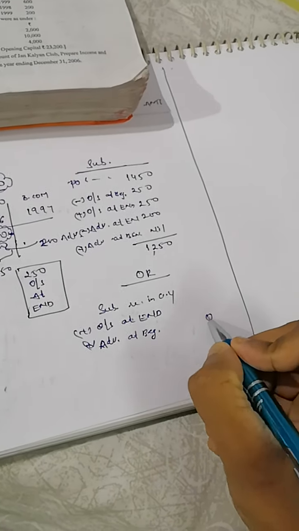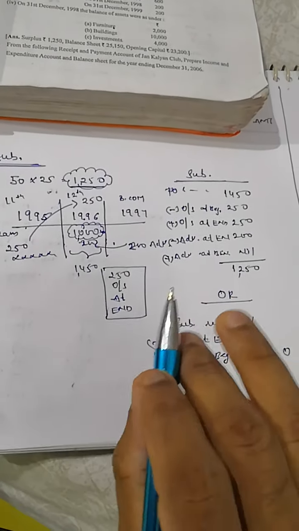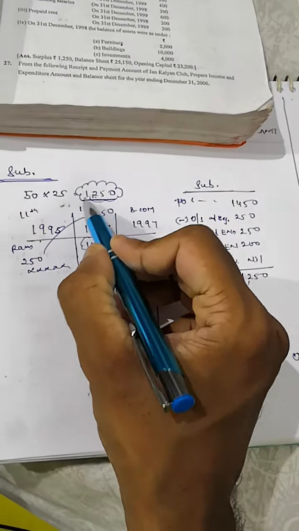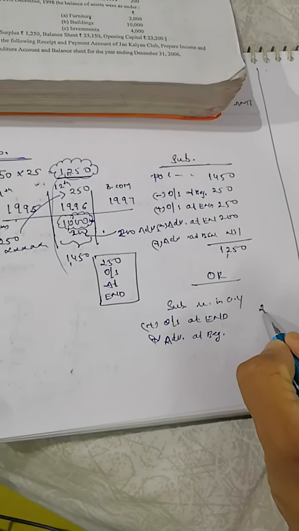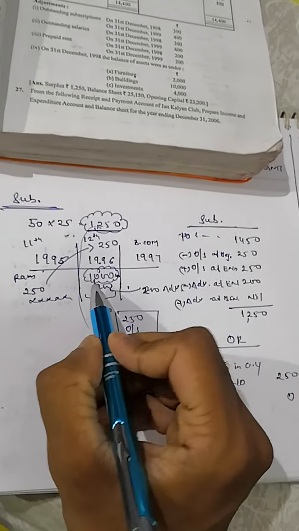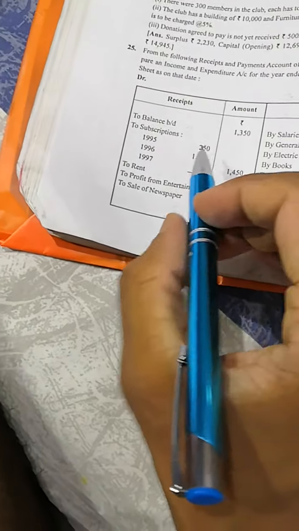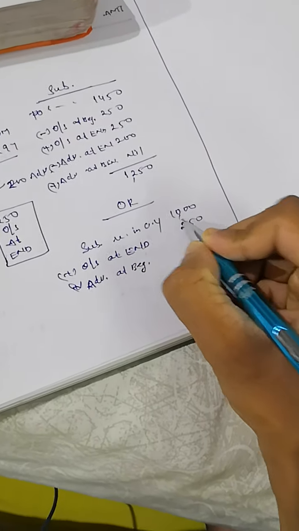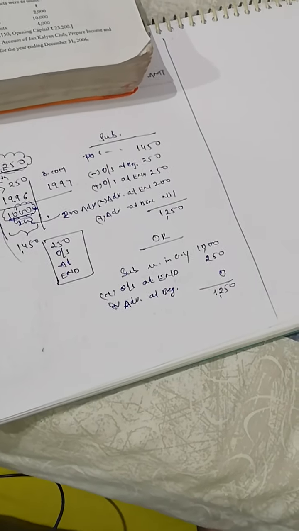Advance at beginning is nil, and outstanding at end means we only take the current year. So the current year outstanding is 250, and the current year subscription is 1000, as given right now in the question. So there are two formulas, and you can solve it like this also.